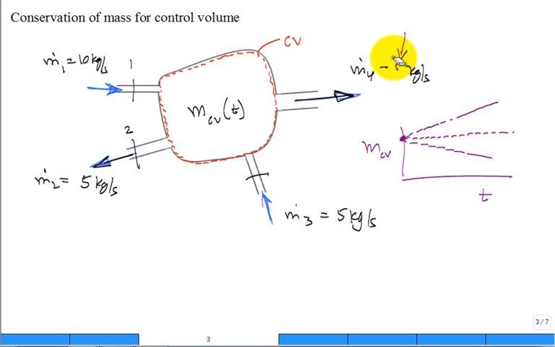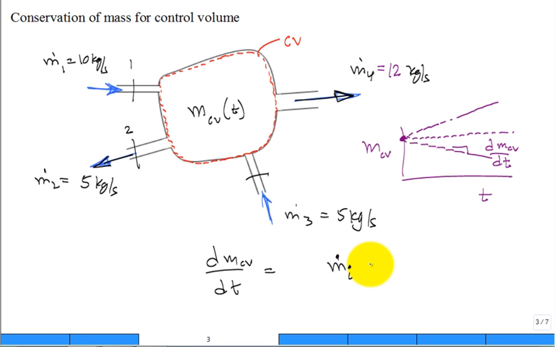What happens if it was 12 kilograms per second? The net outflow is greater than the net inflow. This is the rate of change of the mass in the control volume with respect to time, isn't it? The slope. So the rate of change of the mass in the control volume equals the mass flow rates all coming in.